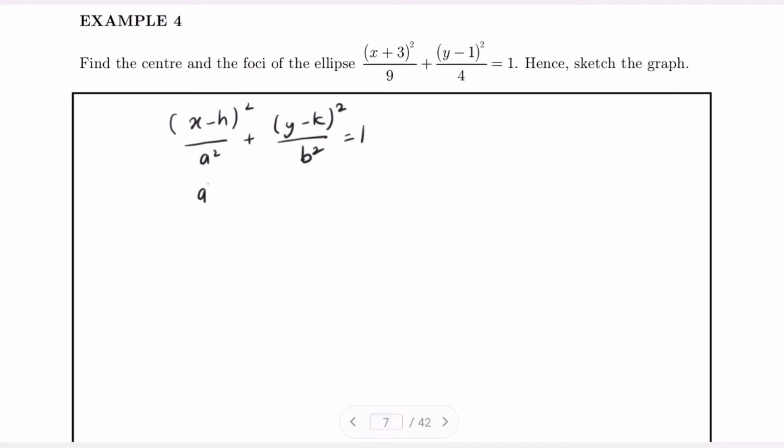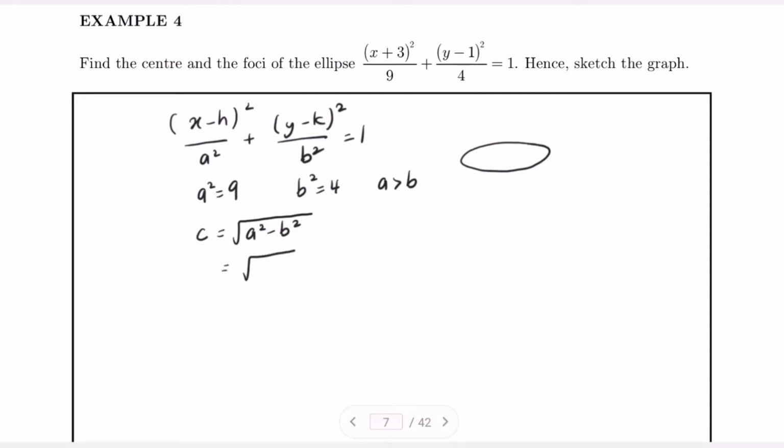From here, we notice that a squared equals 9 and b squared equals 4. Since a is greater than b, we know that the shape will be something like this. To find the value of c, we set a squared minus b squared, so it becomes 9 minus 4, and the answer is 5.